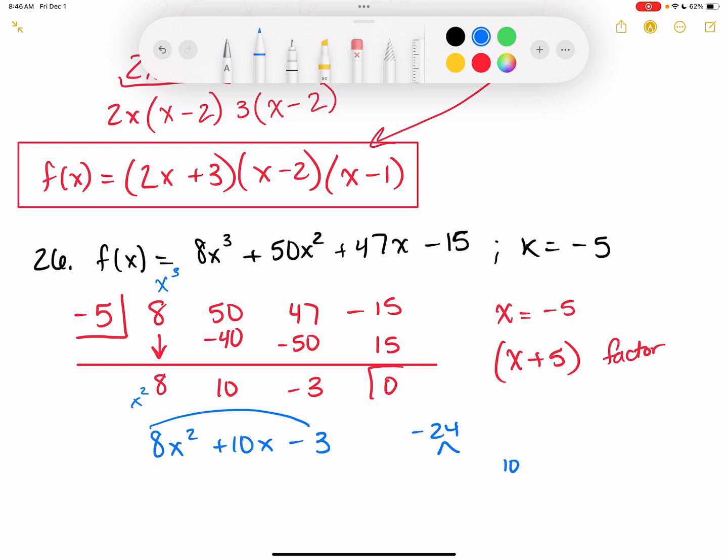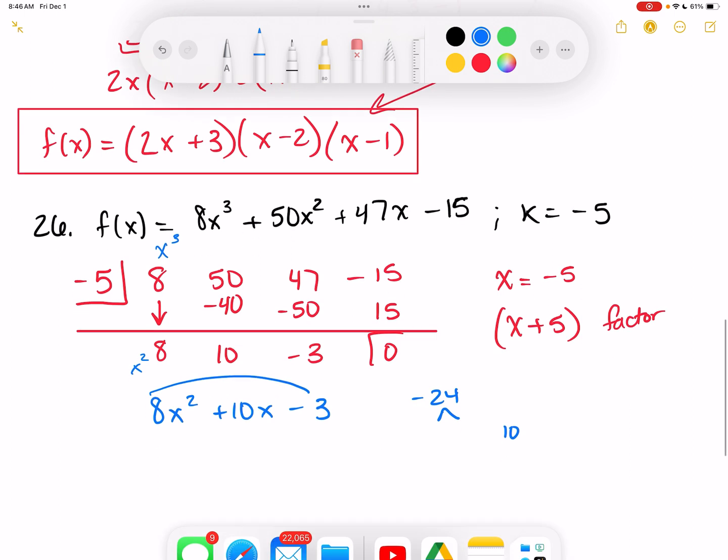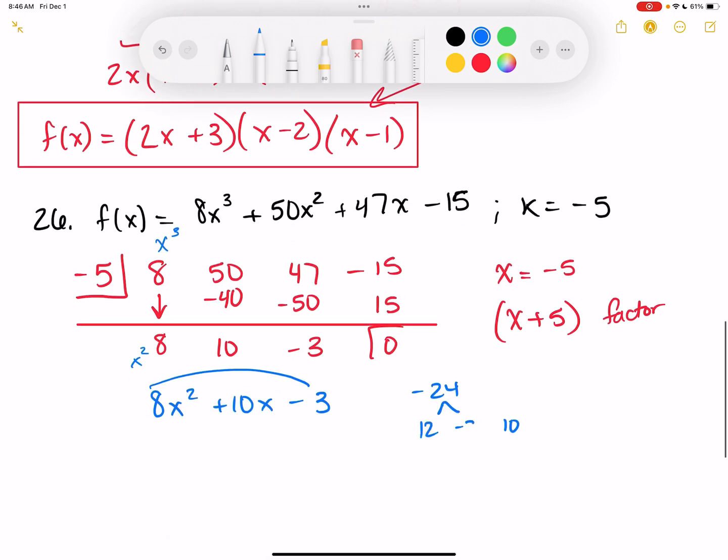Yeah. 12 and 2, so positive 12 and negative 2. Because multiplied gives me negative 24, added gives me positive 10. It doesn't matter which one you put with which thing up here, so I'm just going to do 8x squared plus 12x minus 2x minus 3.